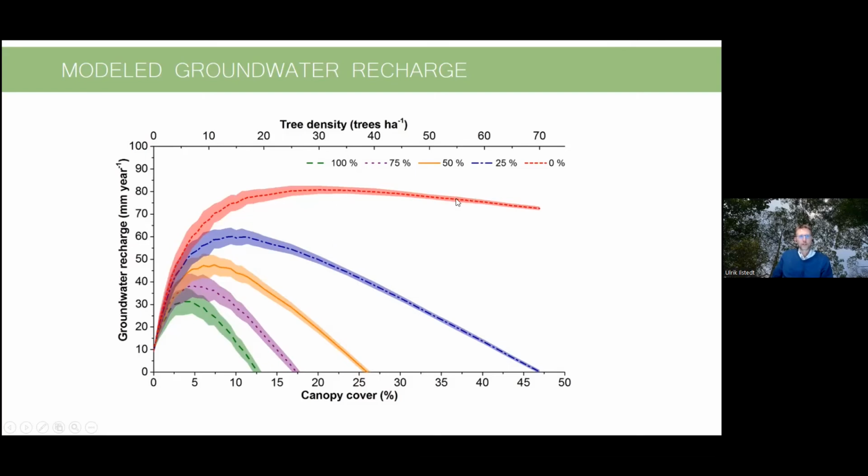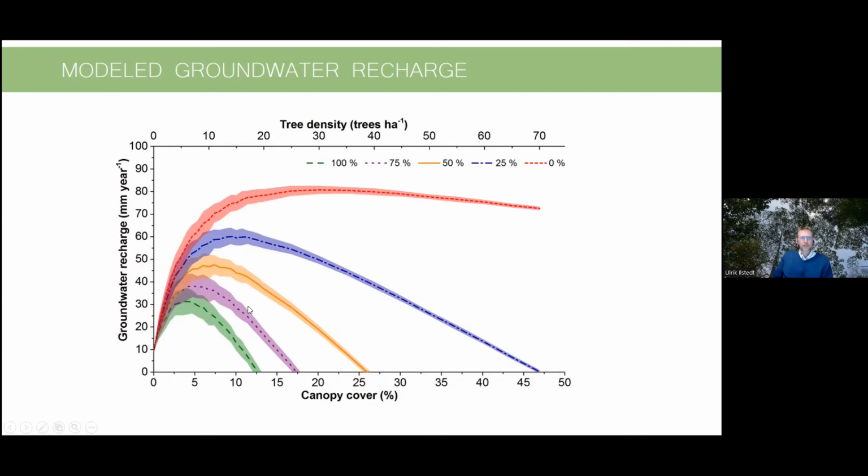The top one is if all the water that the trees use is coming from above 1.5 meters, and the bottom one is if all the water they use is coming from below 1.5 meters.